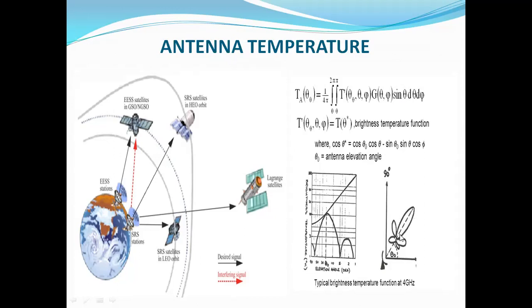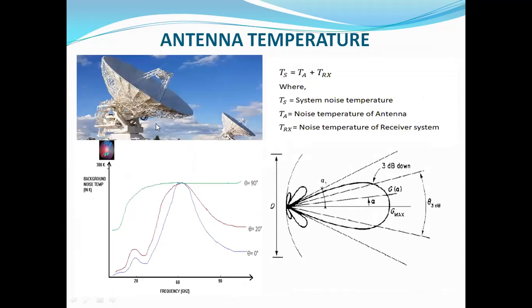Each and every antenna has some pattern. This is the main lobe of the antenna. These are the side lobes. This is basically the angle theta. So based on this theta, the noise of any satellite antenna gets varied. Look here, this is basically the satellite antenna. This is our main lobe, and this is the angle theta. Based on the theta angle, this is a curve of background noise versus frequency.